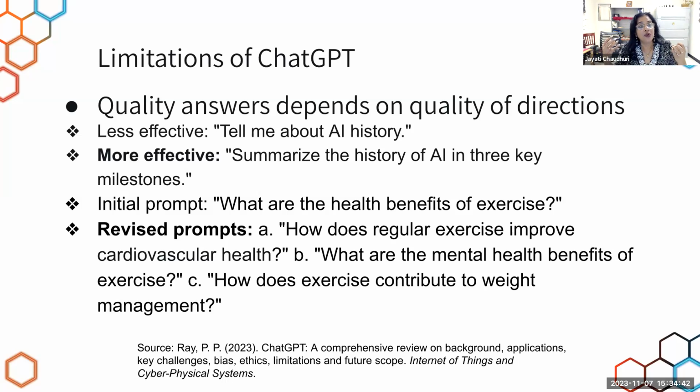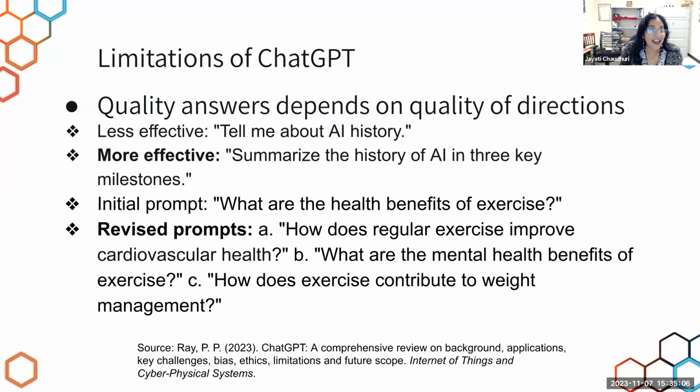If you give a vague prompt, it will give you a vague answer. I have given two examples here. If you just write, tell me about AI history, the answer won't be that good. But if you write, summarize the history of AI in 3 key milestones, you will get a better answer.